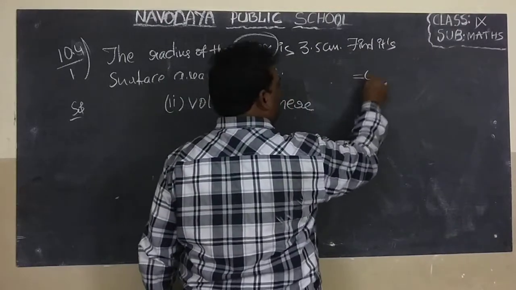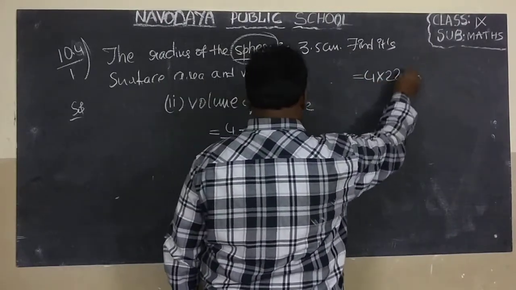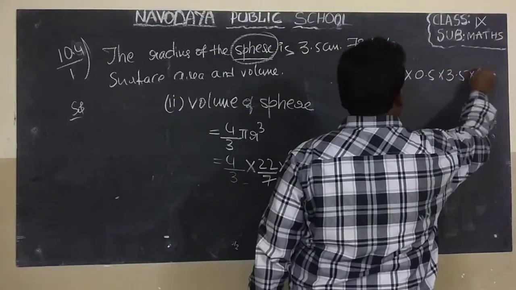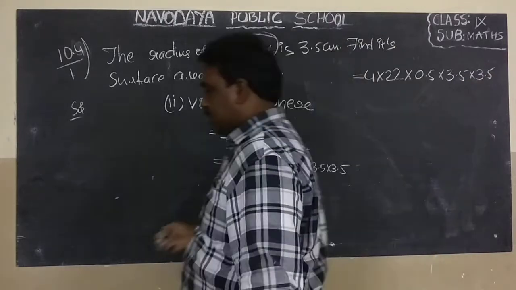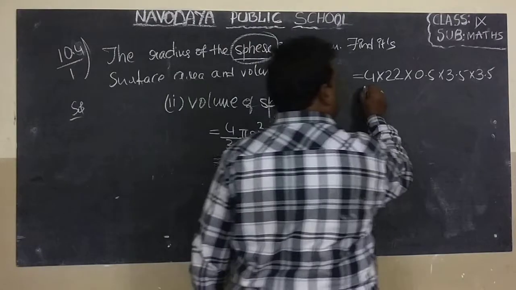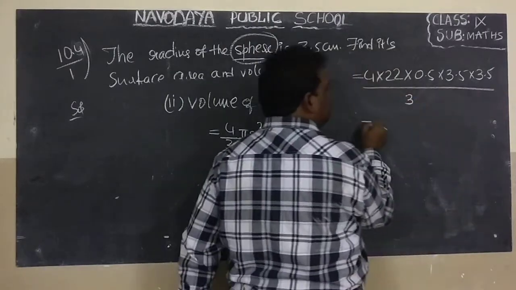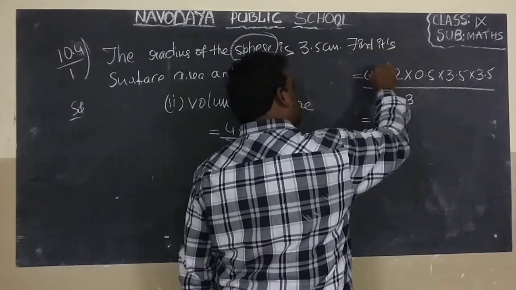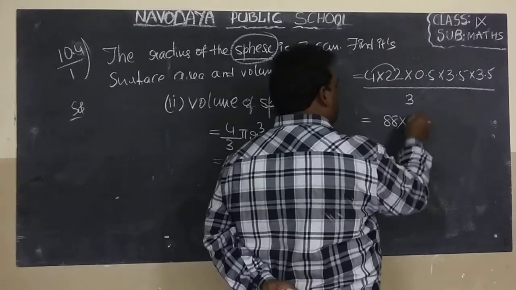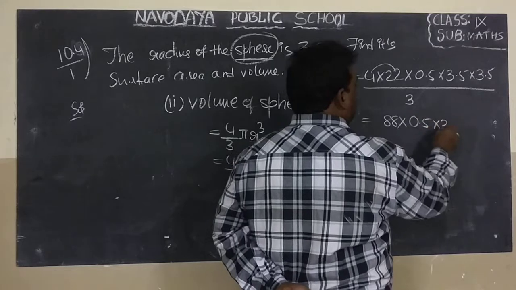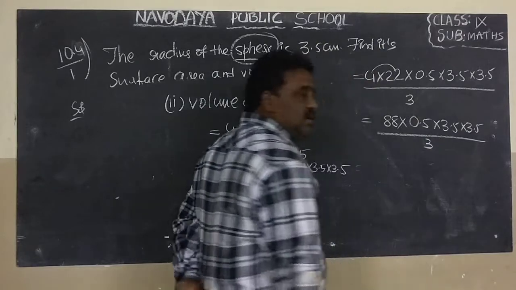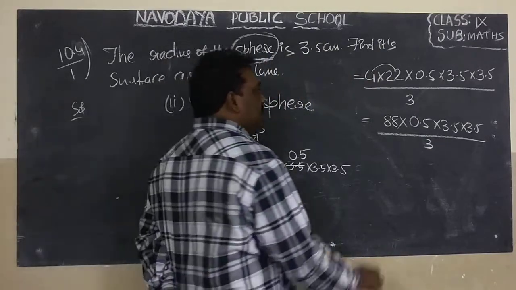So 4 into 22 into 0.5 into 3.5 into 3.5 by 3. 4 into 22, 88 into 0.5 into 3.5 into 3.5 by 3.